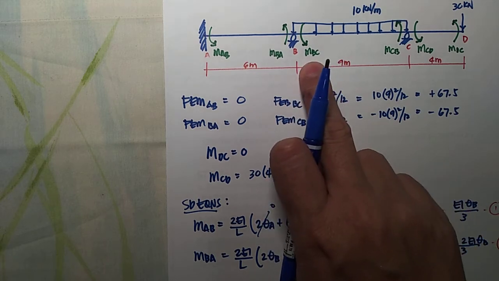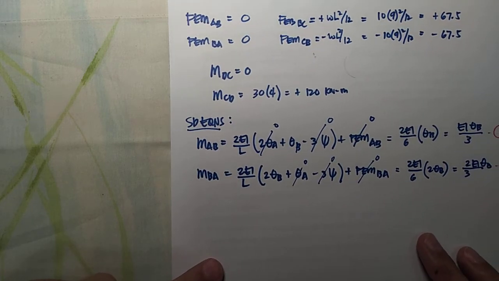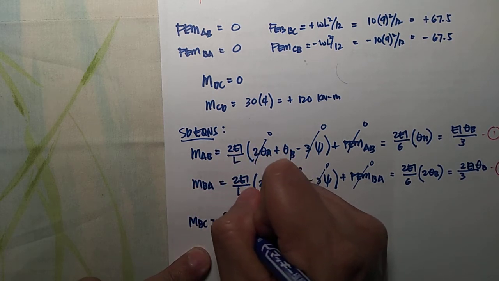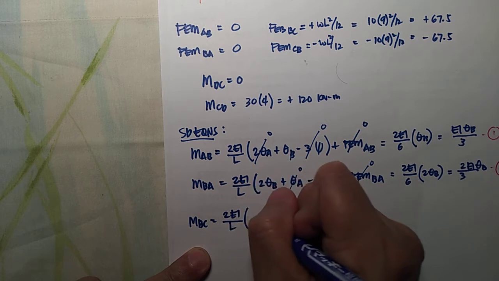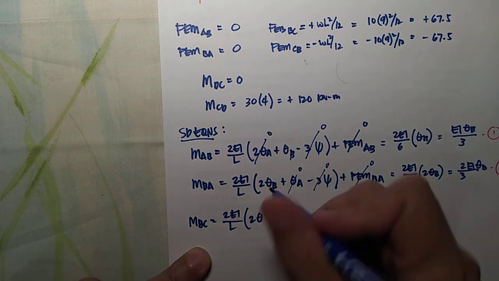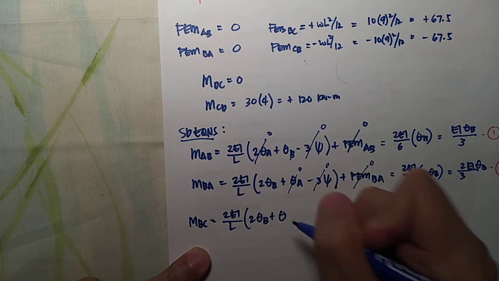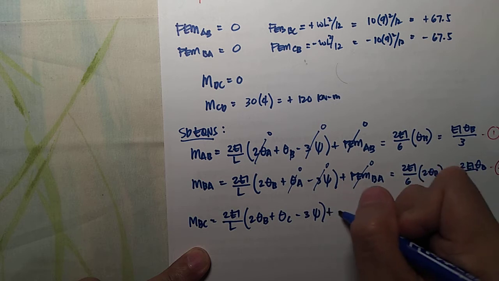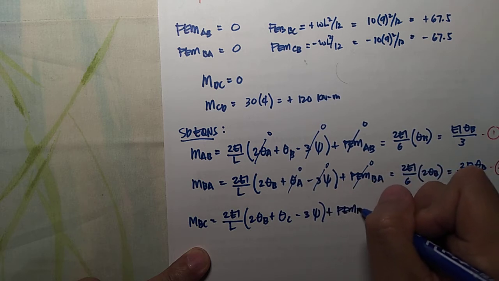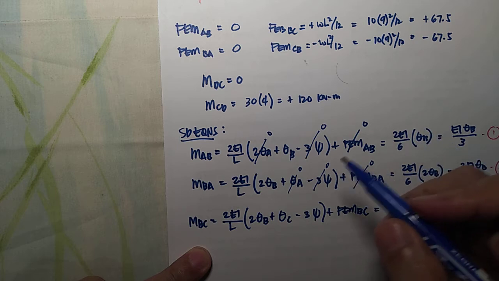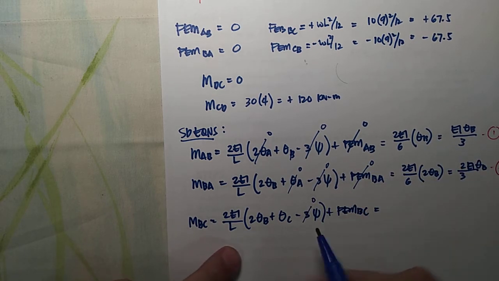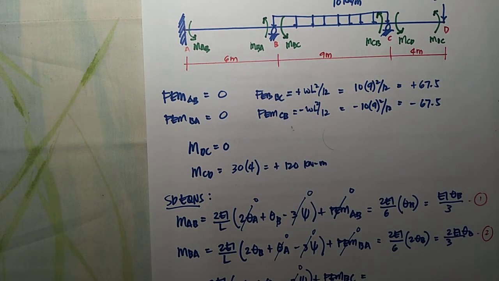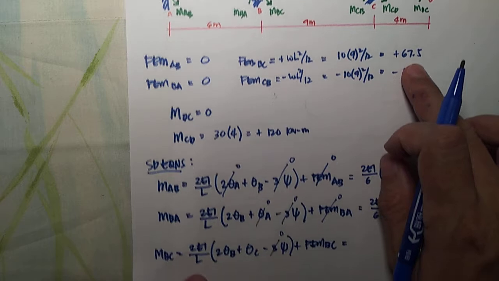Next, how about MBC? For MBC, that is 2EI over L times twice theta at the near point B plus theta at the far point C, minus 3 psi, plus the FEM on BC. Delta is 0, theta B and theta C are not 0, there is slope there. And the FEM on BC is also there, positive 67.5.